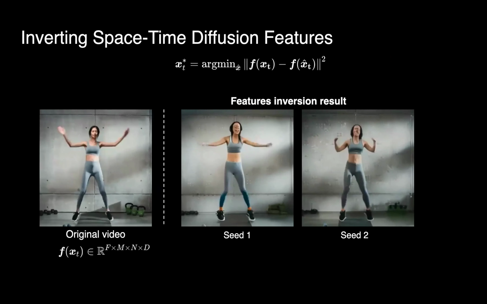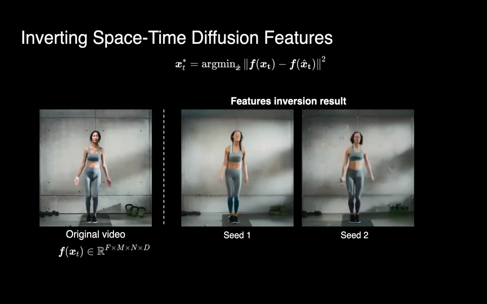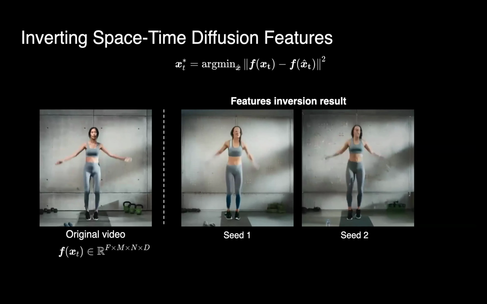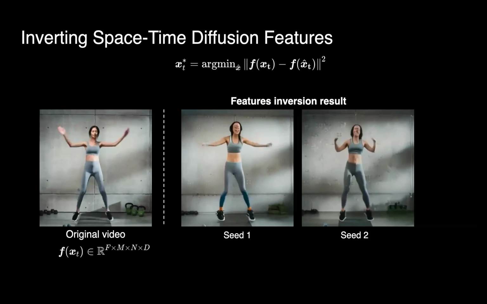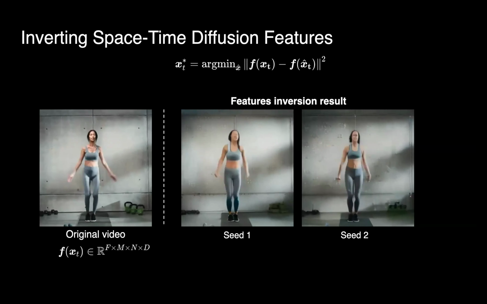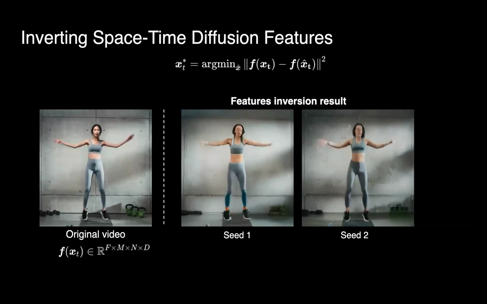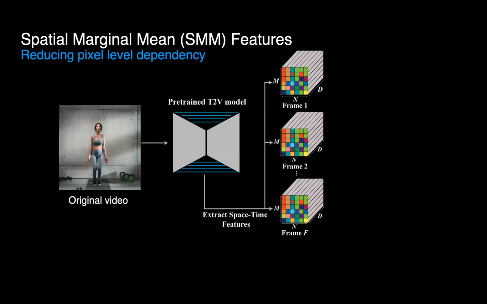And as you can see, just matching those features gives rise to pretty accurate reconstruction of the video. So we reconstruct the motion, the background, the appearance, and so on, which is not good for our task because we want to allow flexibility. So we want to have some descriptor that will preserve the essence of motion and the general pose of the object, but will be robust to appearance changes and structural changes. Okay?